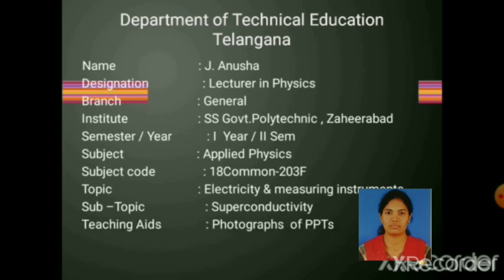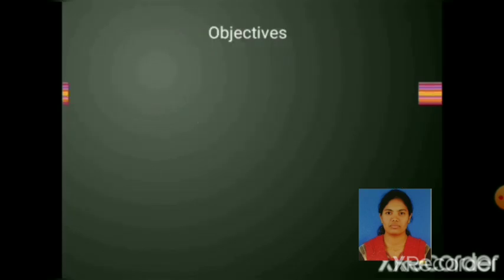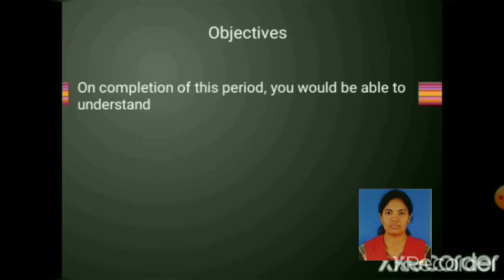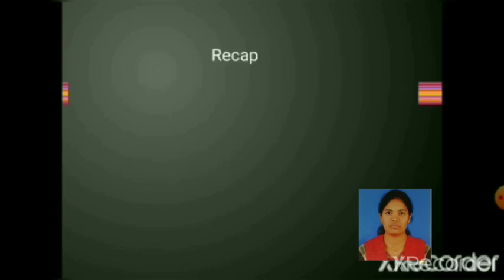Now to understand this we are using a PowerPoint presentation. The main objective of our class is, on completion of our class, you will be able to understand what is superconductivity, what are properties of superconductors, and what are applications of superconductors.